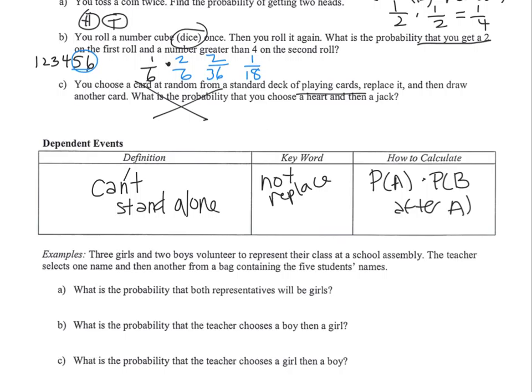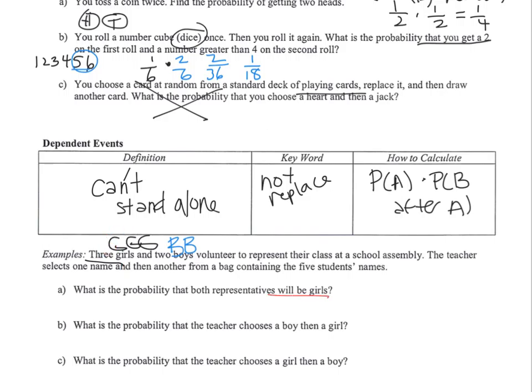So what I like to do is write out, if you have 3 girls, make 3 G's, and 2 boys volunteer to represent their class at a school assembly. The teacher selects one name and then another name from the 5 students' names. So if you're picking volunteers, you're not putting the volunteer names back, they're going to be gone.